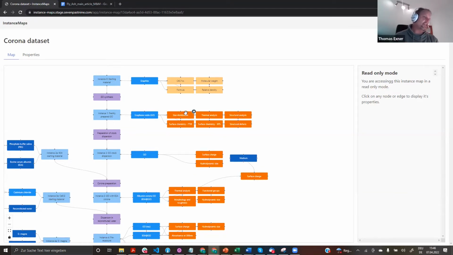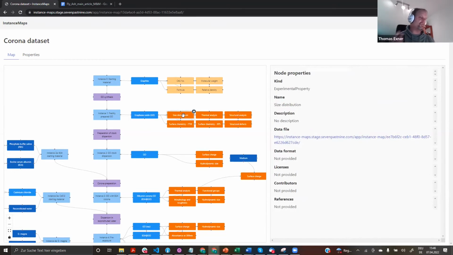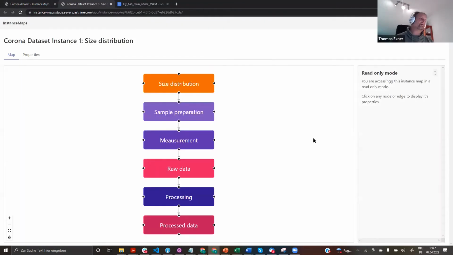Therefore, another point of linking to additional data is just linking to other data instance maps. So I have here the size distribution, I want to go back, and then I see a very simple one again. But then I can add all my data files, and I can follow the same steps without making one map too complex.